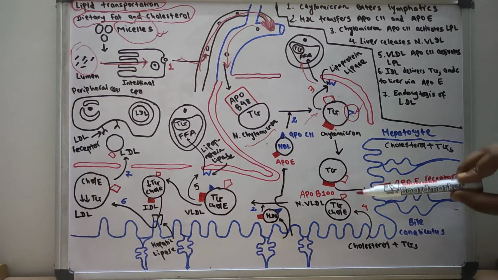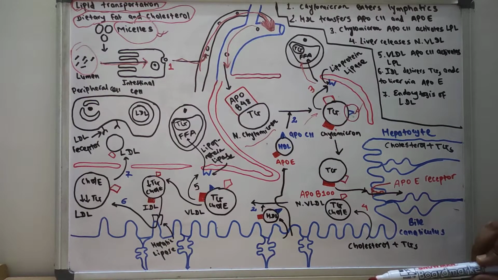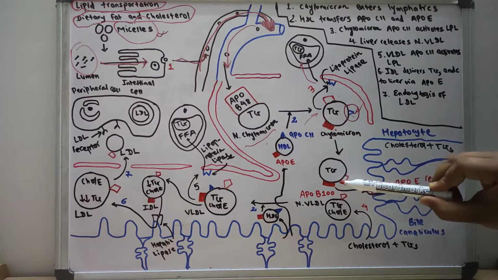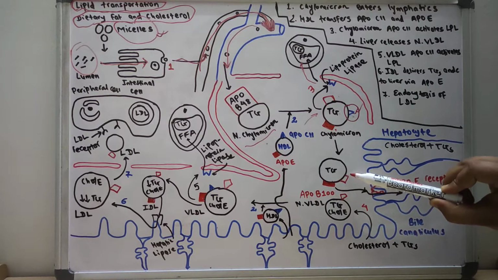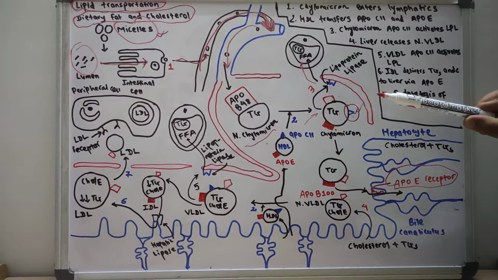And now we have the remnant of the chylomicron. What is the remnant of the chylomicron? The remnant of the chylomicron has only ApoE and apolipoprotein B48. So with the help of the ApoE receptor, ApoE mediates the remnant uptake of the chylomicron.